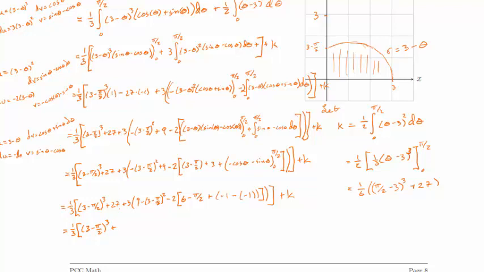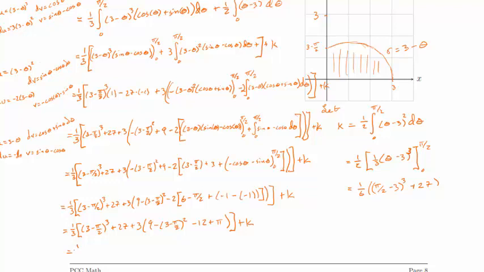Equals 1/3 bracket, parentheses, 3 minus pi over 2, quantity cubed, plus 27, plus 3, parentheses, 9, minus, parentheses, 3 minus pi over 2 squared, minus, the negative 1 plus 1 cancels in here, so this becomes minus 12 plus pi. That allows me to get rid of these inner brackets, close parentheses, bracket, plus k. Equals, I want to distribute this 3 and see if I can combine a couple more like terms.